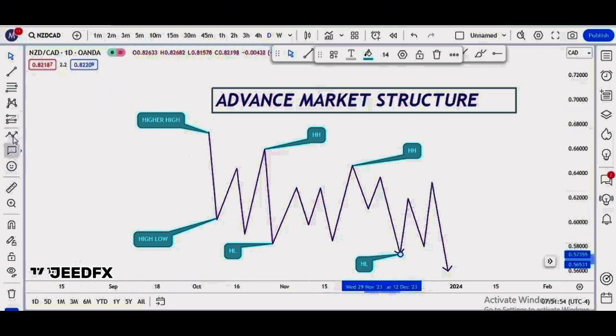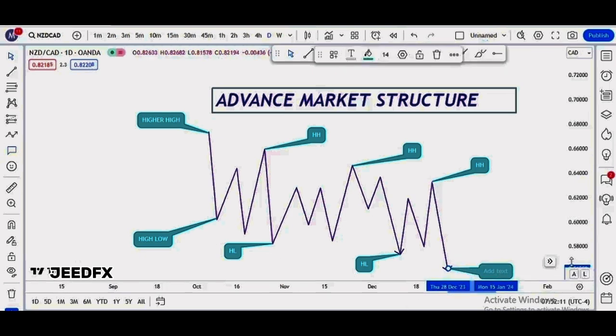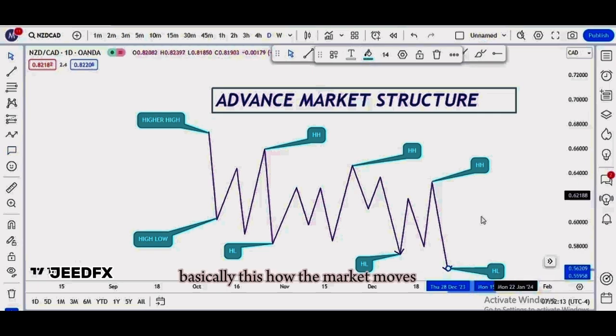Have our higher high again over right here, higher high, and again we have our higher low here, higher low. Basically, this is how the market moves.